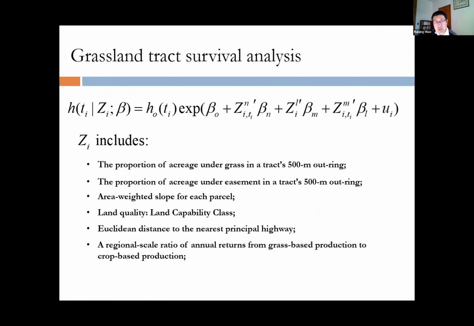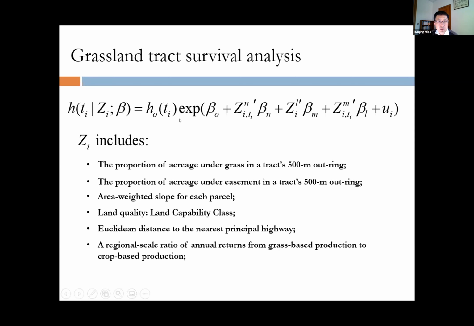In that paper, the authors estimate the grassland conversion probability based on grassland and cropland parcel data in North Dakota. We use the results from that study to predict the conversion probability for the 6 grassland parcels I just mentioned.